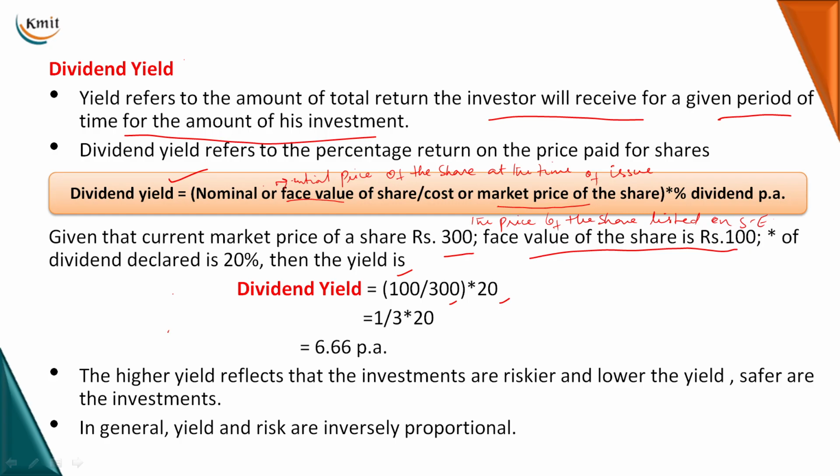This is also otherwise calculated using another formula, that is dividend yield is equal to annual dividend divided by market price of the share into 100.